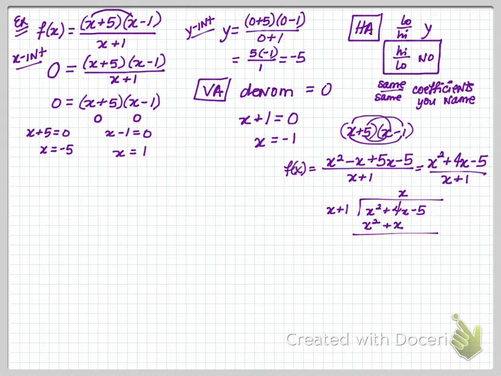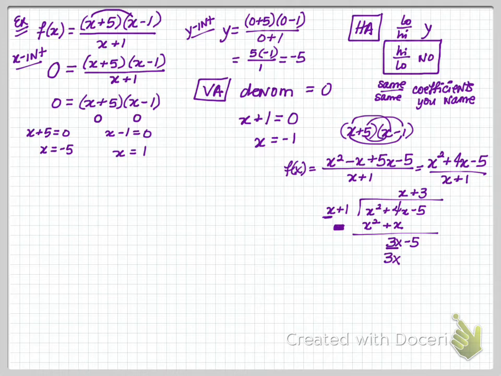Now we're going to subtract like we did when we were in 5th grade doing long division, because that's all this is. 4x minus x gives us 3x minus 5. What times x gives us 3x? 3 times x gives us 3x.